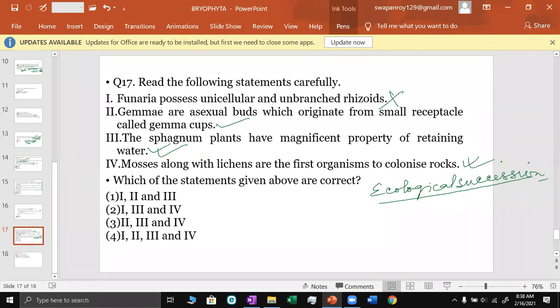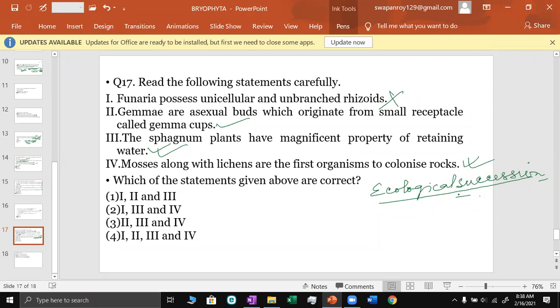We see big trees and other types of plants around us, but they have not suddenly come up. It has taken thousands of years to form this type of vegetation. A time was there when there was no plant at this place.